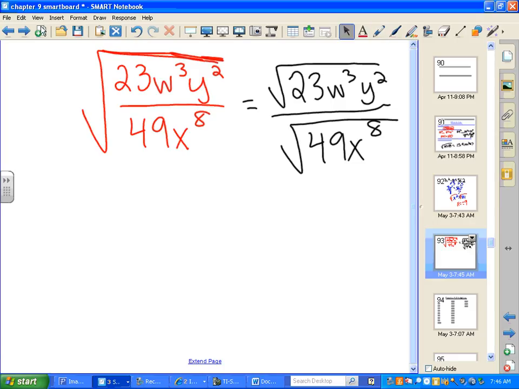So in the numerator, we're going to separate all of this. How can we separate this so we have some perfect squares? So in other words, if we break these down, Drew, what are we going to separate them to be? Okay, go ahead.